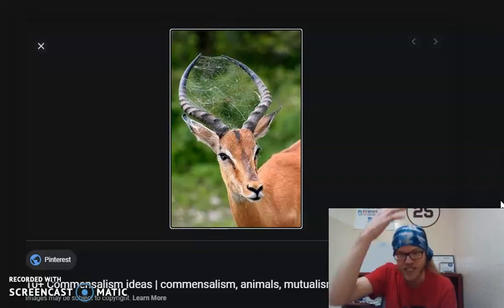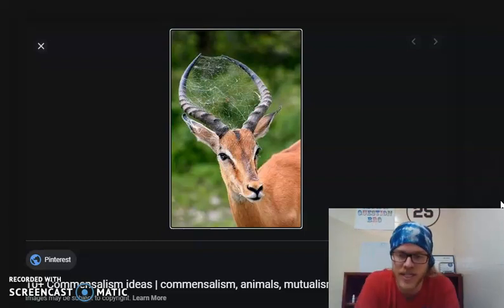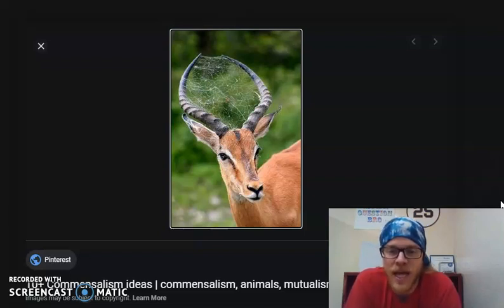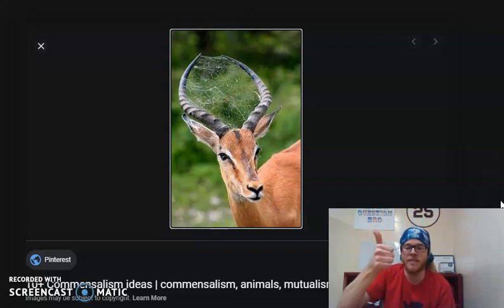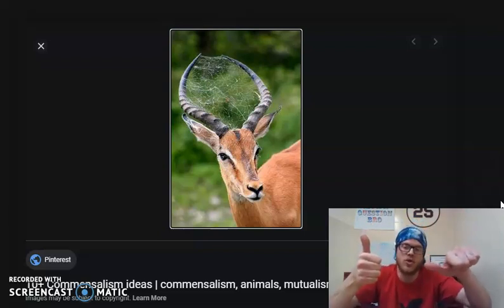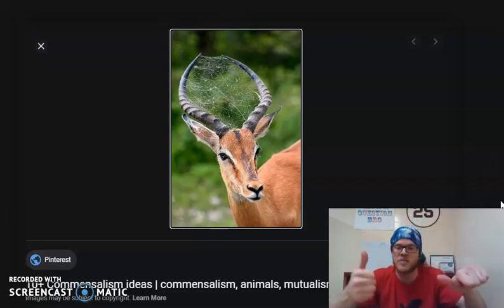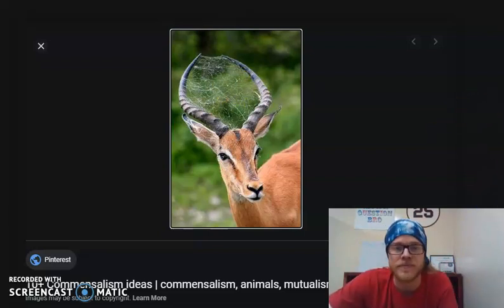What's happening in that spider web? Bugs are getting kicked up there. So this spider's just having a feeding frenzy, and it's not really having to do a whole lot of work, right? It can just hang out, let this deer run around, dig around in the dirt, and it's just giving it free food, okay? So the spider's getting a benefit, and the deer is neutral. It doesn't care. It's not like the spider's like, here, bro, have a bug. You look hungry, right? Because that's not what they eat.